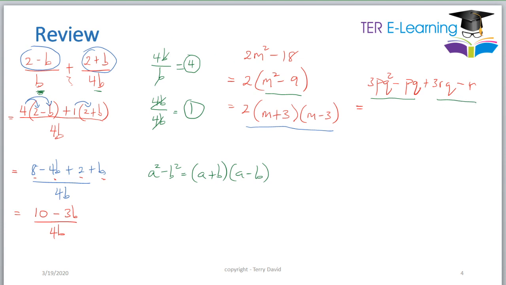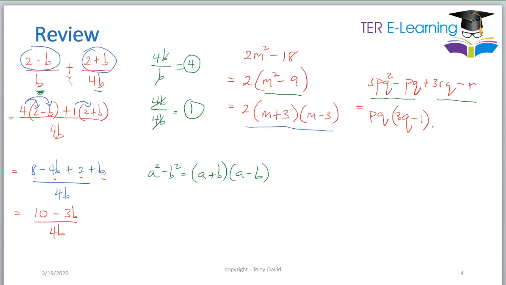So let's use the HCF method to factorize the first 2 terms. We have p common to both, so this is going to be p. What about the q? We have q common to both, so we're going to do that. Therefore, inside the brackets, we're going to have 3q minus 1.